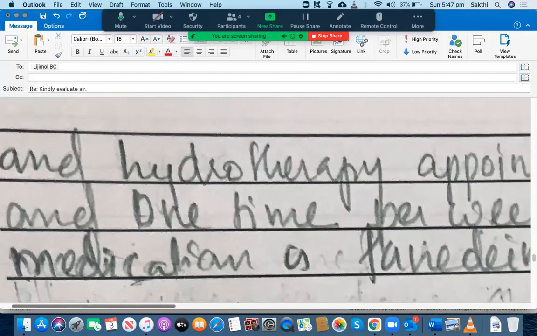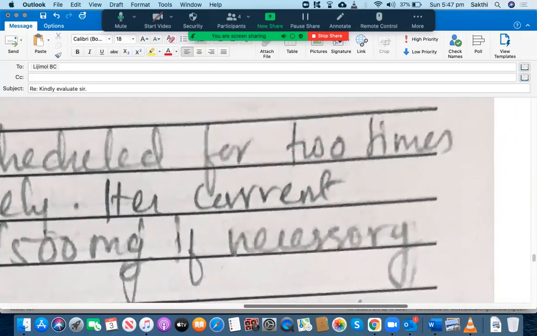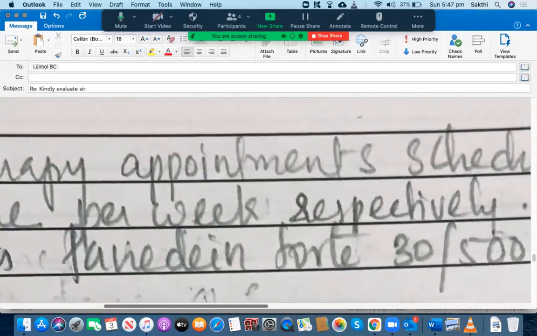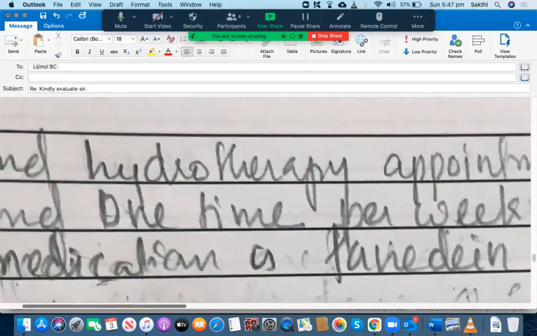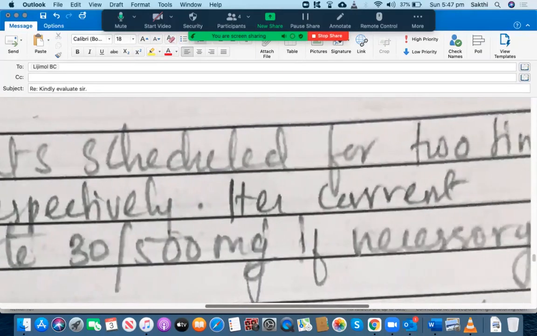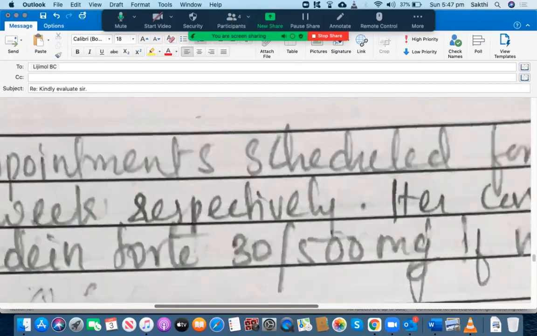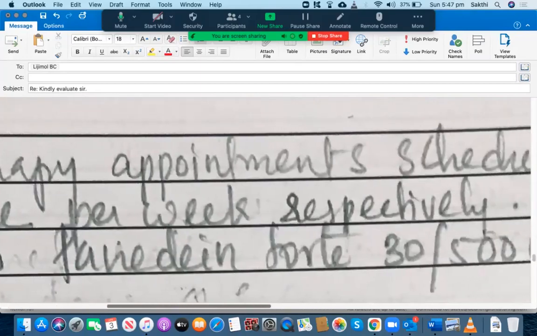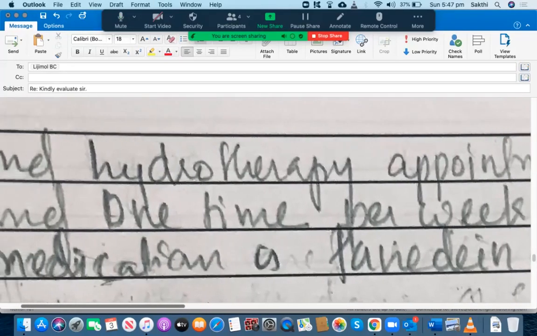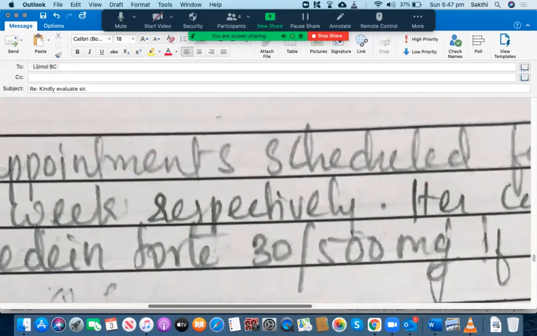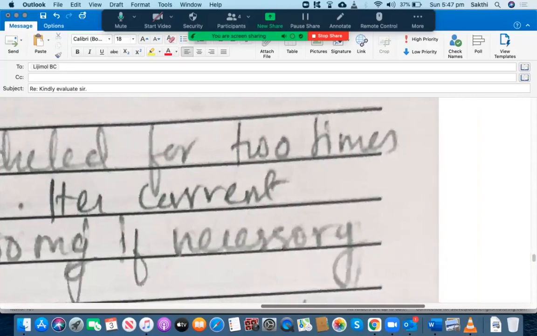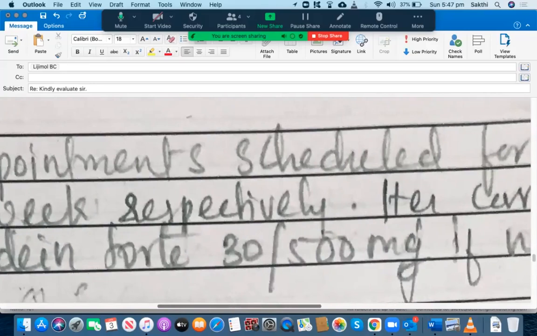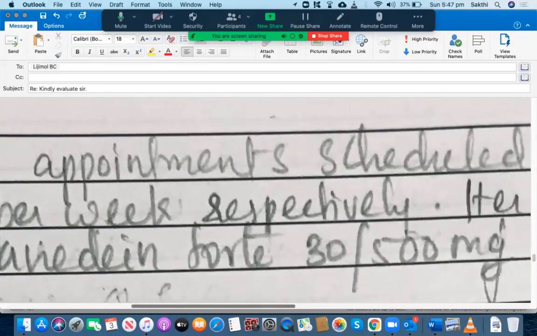Instead of writing scheduled for 2 times and 1 time per week respectively, why don't you use twice, scheduled twice and once a week respectively? Why can't you use that? Yep, scheduled twice. You should use appointments are scheduled twice and once a week, respectively.